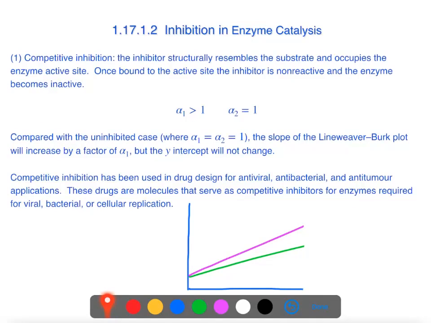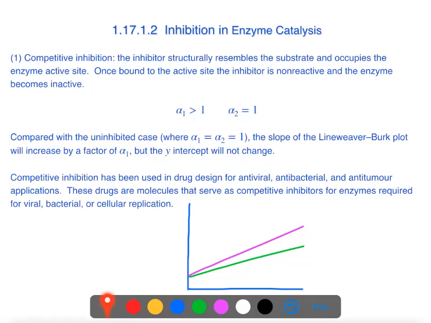So when we look at the Lineweaver-Burk plot for this particular type of inhibition, we observe that alpha 1 is greater than 1 and alpha 2 is approximately equal to 1. Now what this means is that we're comparing the slopes of the inhibited to uninhibited reactions.